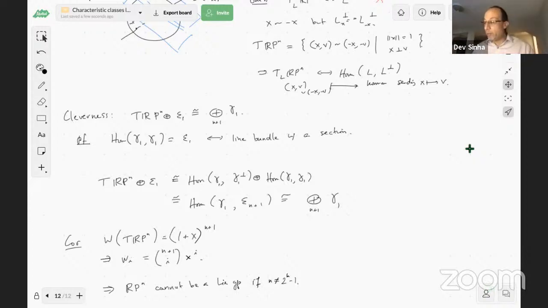Why is this? Well, I guess I didn't say it, but as a great example, a Lie group is what's called parallelizable. That means its TG is the bundle G cross Rn, where n is the dimension.